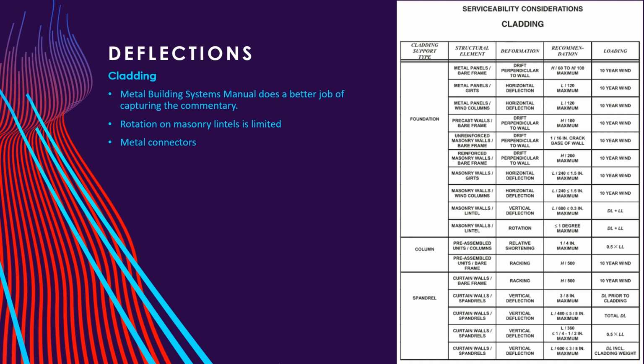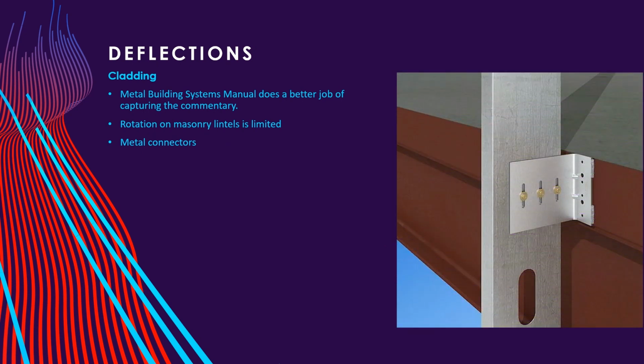Metal connectors. There's nothing in this table about metal connectors. But in reality, if you have, like, a metal stud with a concrete floor, steel beams, you can bottom out that connector very quickly if you don't pay attention. Most connectors have like a 3/4 inch deflection criteria, and if you allow greater than that, you're bottoming them out.